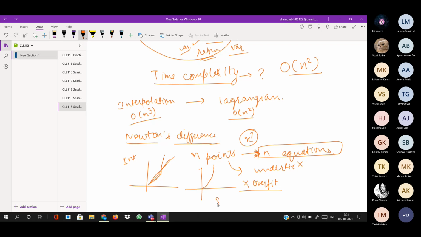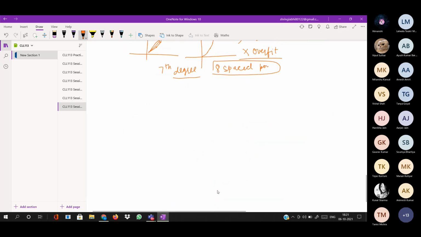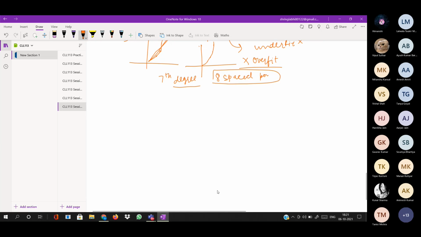So we are given 8 points. We'll take n minus 1, that is a seventh degree polynomial, every time. The question of the degree of the approximating polynomial should not come to your mind. If we are given 8 points, the degree is definitely 7.